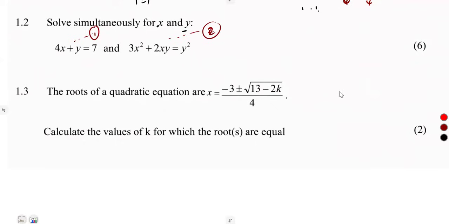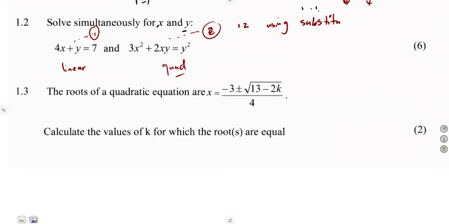It depends on the method, but when you are given a linear equation and a quadratic, as you can see, the highest exponent being 2, it is best that you apply the substitution method. That is the easier way that you can attempt this question, using the substitution method.